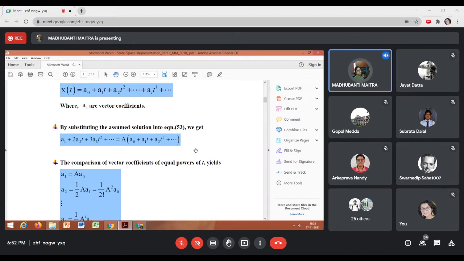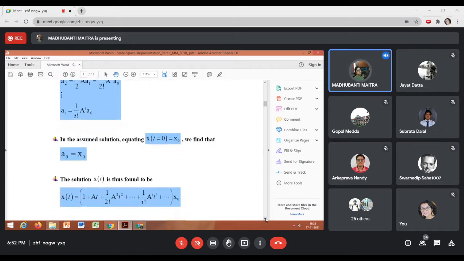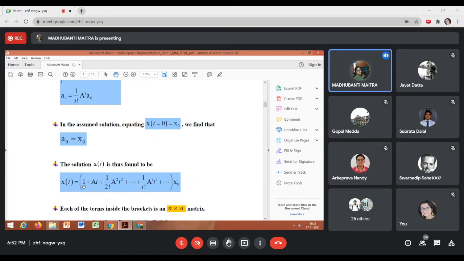This will be t to the power i. So x(t) will be, let's take a0 common, then the solution x(t) can be written as 1 plus At plus 1 by factorial 2 A square t square plus dot dot dot plus 1 by factorial i A^i t^i plus other terms, multiplied by a0. Please check whether we can write the solution vector in this form or not.